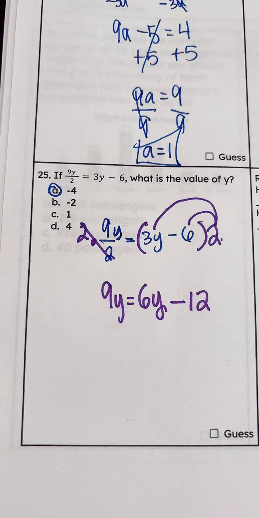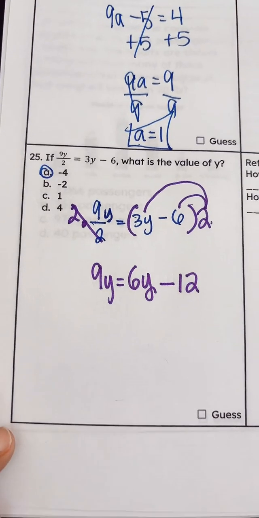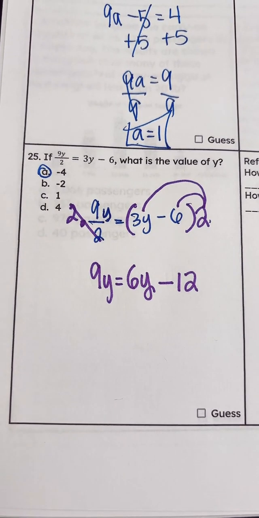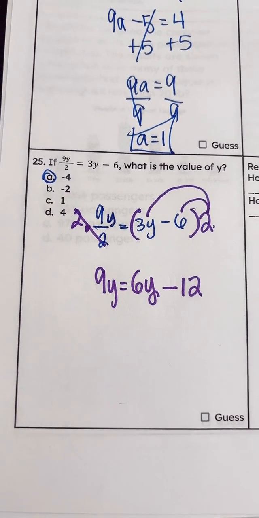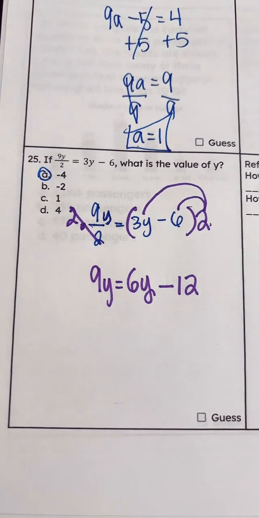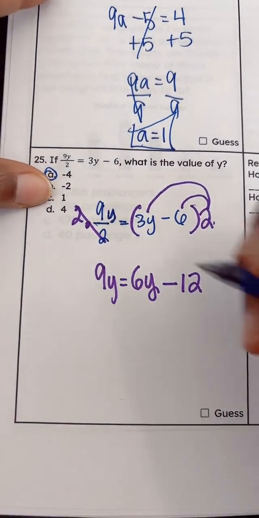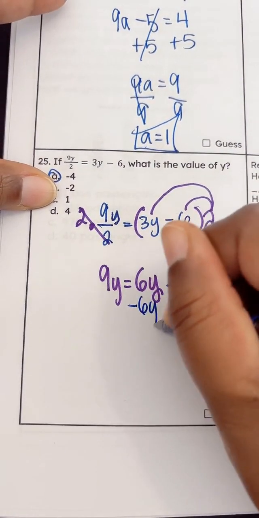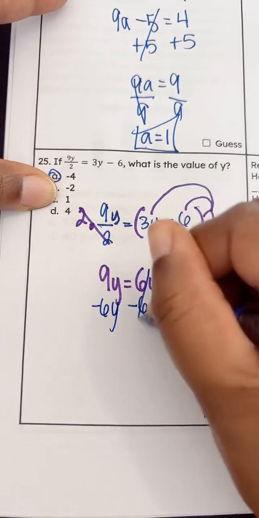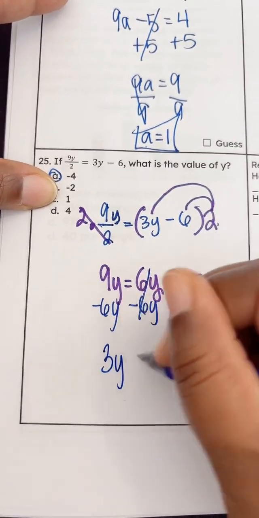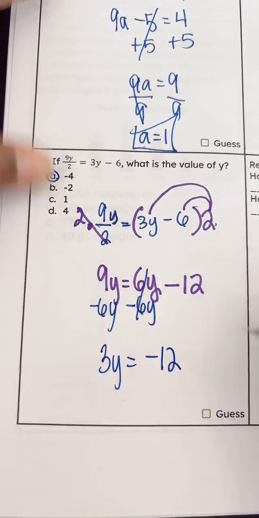Okay, what are we doing? Minus and 12, multiply. Well, multiply each side. Yep, good. What are we doing now? Mike says subtract 6y. Good, Big Al. I see you. Wonderful. Yes, we have to subtract 6y from both sides. And we're going to get 3y equals -12.